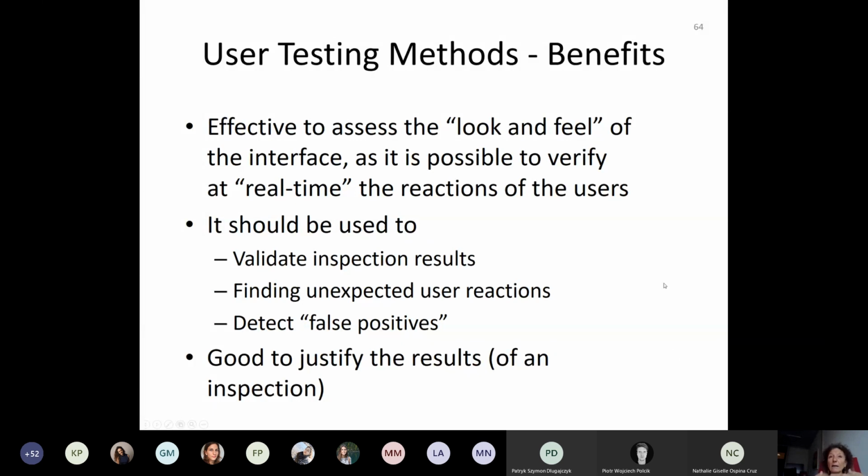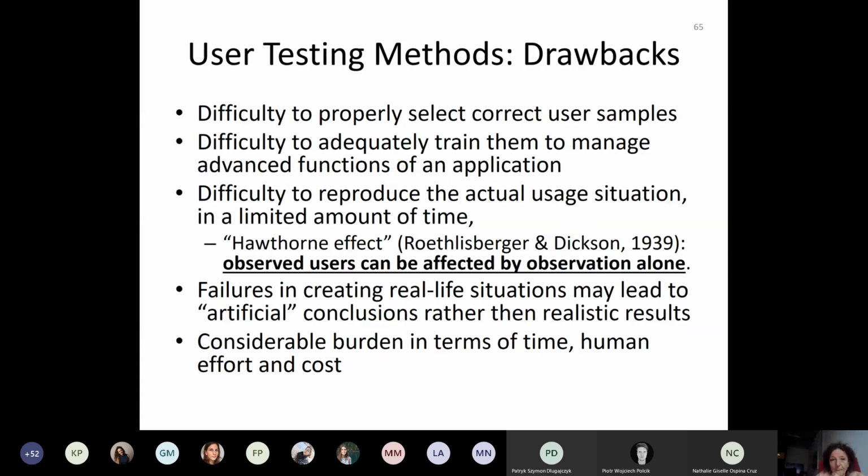You can use it as complementary work with respect to inspection. So inspection gives you some results. User testing can be used to validate inspection results, and to discover something new. You typically discover something new from the user. So experts discover something that users might not discover. And also you can detect false positives or false negatives in the two methods.